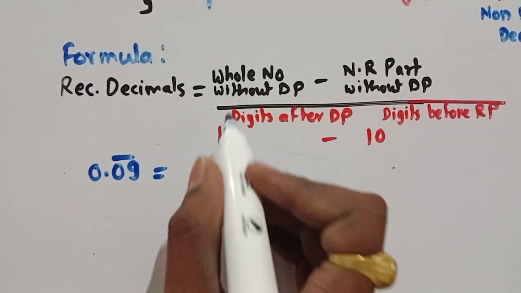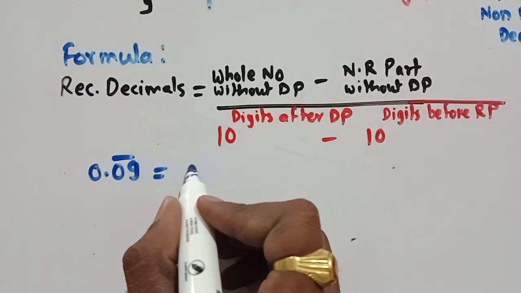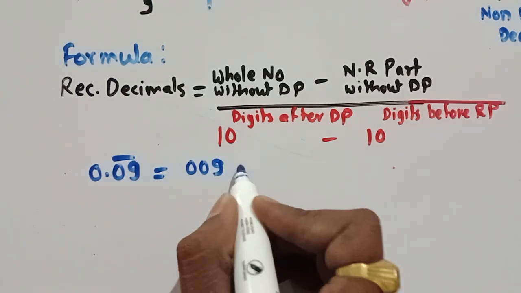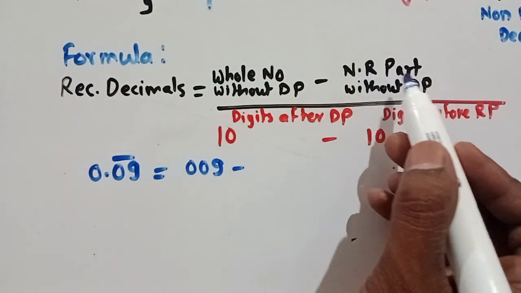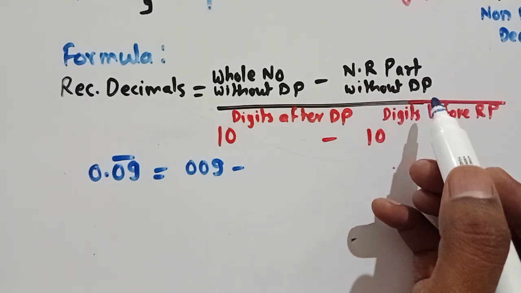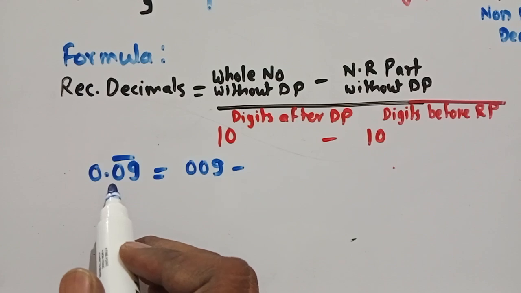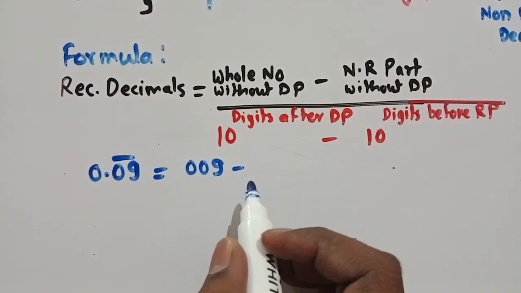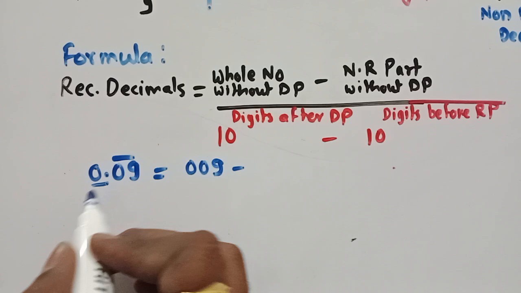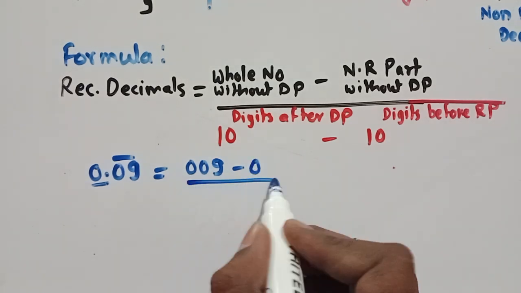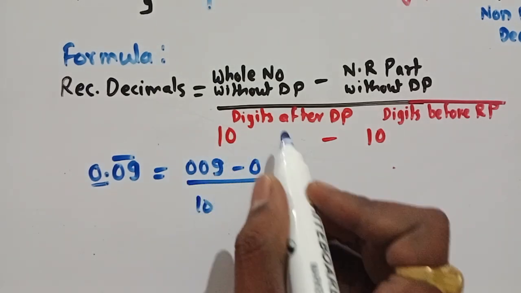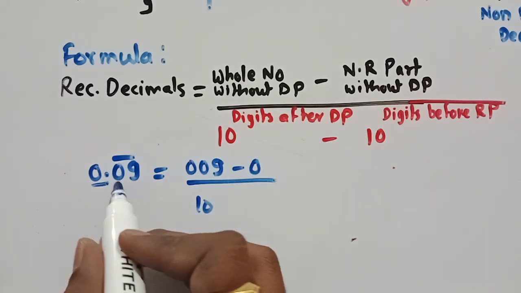0.09 bar. First, write the whole number without decimal point, that is 009, minus the non-recurring part without decimal point. Here you cannot see any non-recurring part, or you can see only 0. Then 10 to the power number of digits after decimal point.